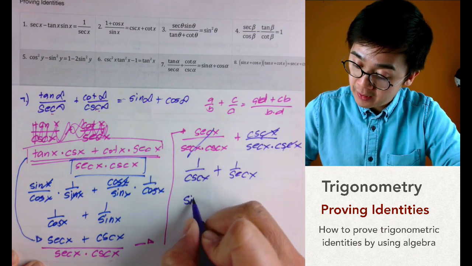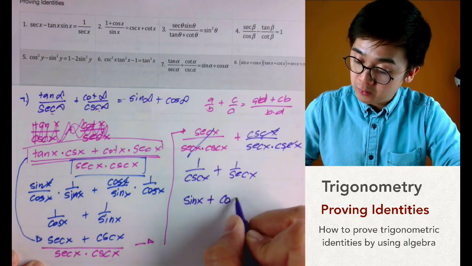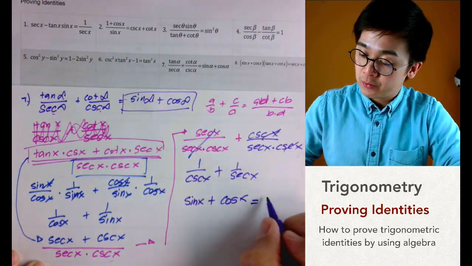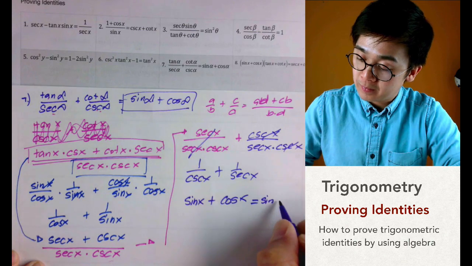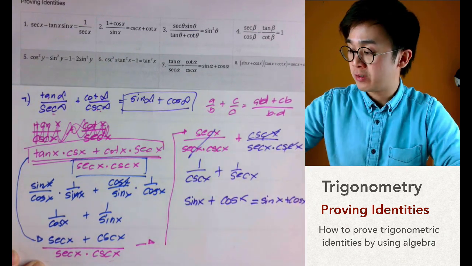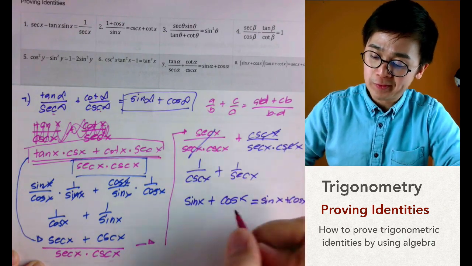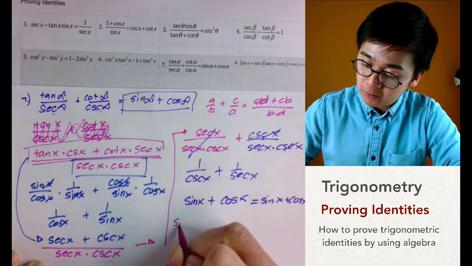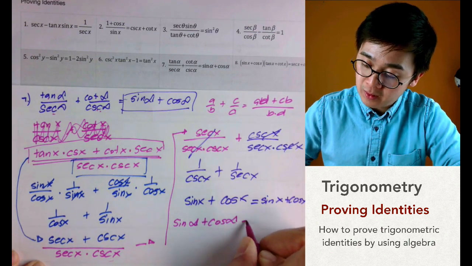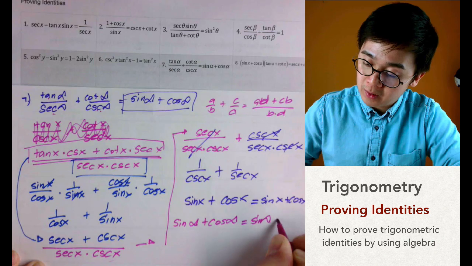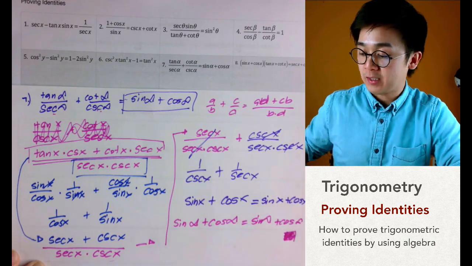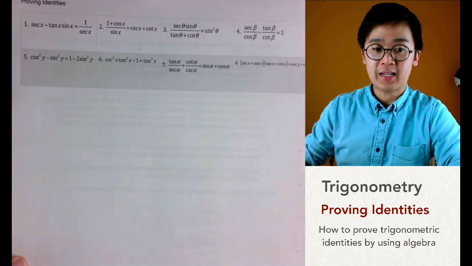So this one is sine x and this one is cosine x, which happens to be the same as this. So we have sine x plus cosine x. But since they're using alpha as a variable, let's be consistent and just write sine alpha plus cosine alpha equals sine alpha plus cosine alpha. And that is problem number 7.